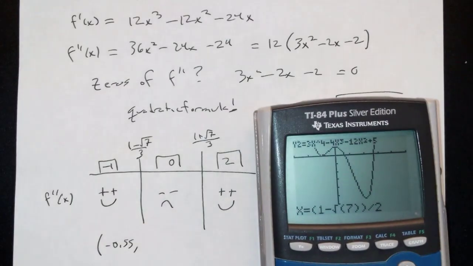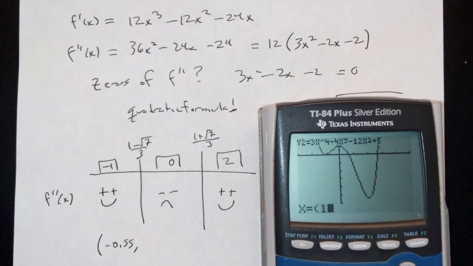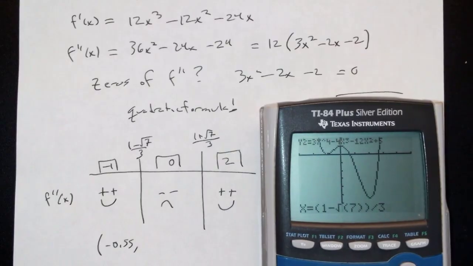You don't have to put in the decimal. Although it helps if you put it in right. 1 minus the square root of 7 over 3, not over 2. 2.32.